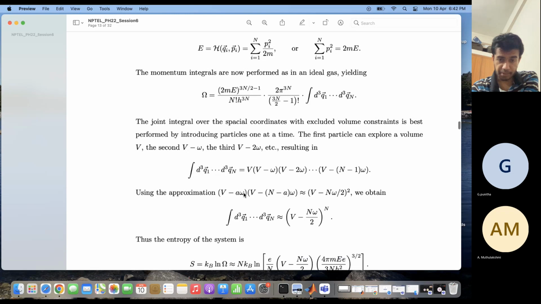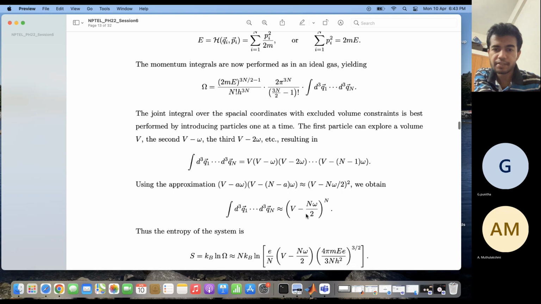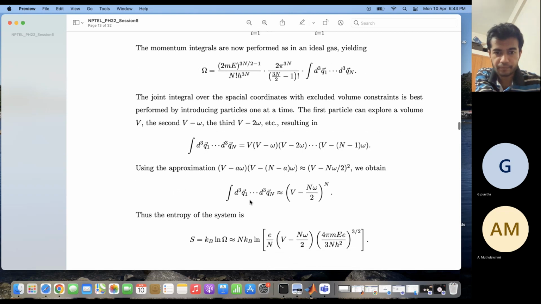Now we can use this expression in the large N limit, that is, (V minus a omega) into (V minus (N minus a) omega) is approximately equal to (V minus N omega by 2) whole squared. If I use this approximation, then this integral turns out to be nothing but (V minus N omega by 2) whole to the power of N. This easily follows from this expression.